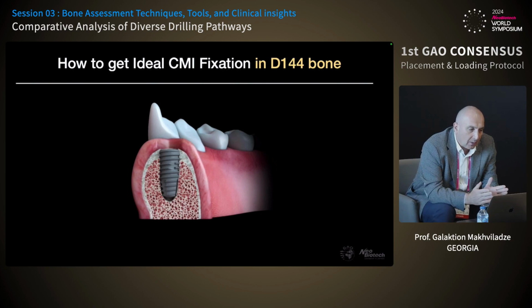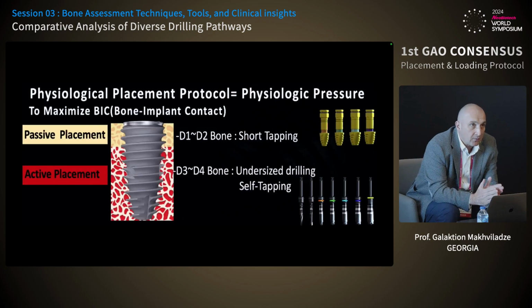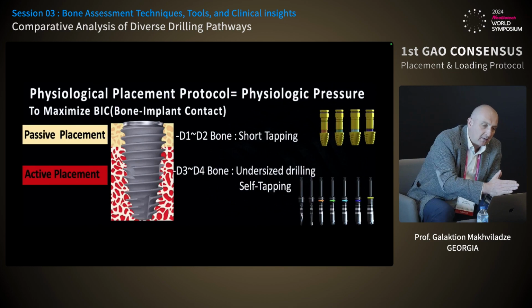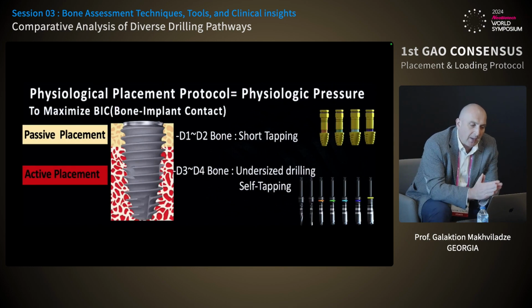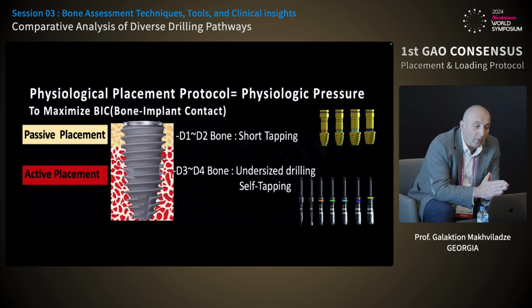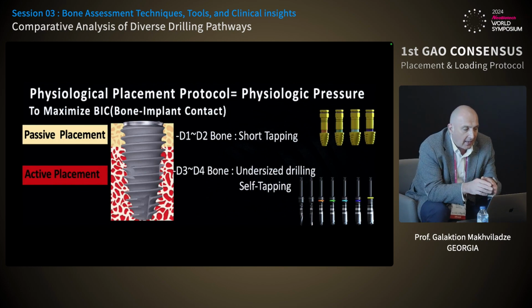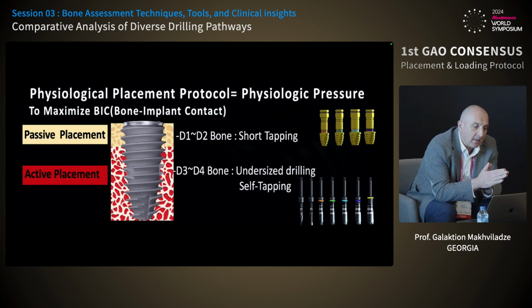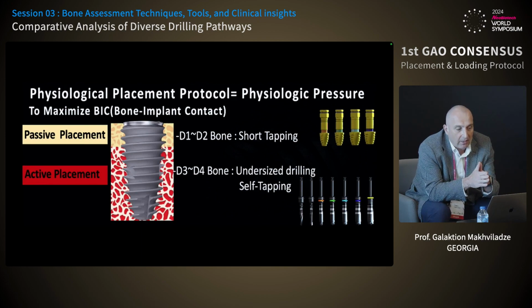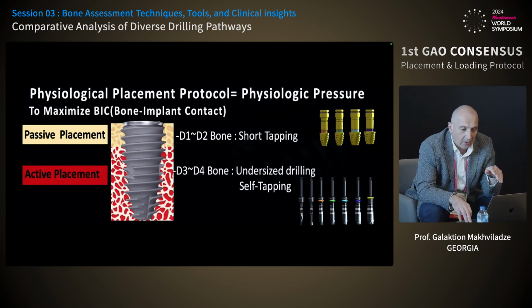So physiological placement protocol means physiologic pressure. And for maximum BIC, we need passive placement in case of D1 and D2 bone with short tapping, and active placement in case of D3, D4 bone with undersized drilling, with self-tapping, and with self-compaction.